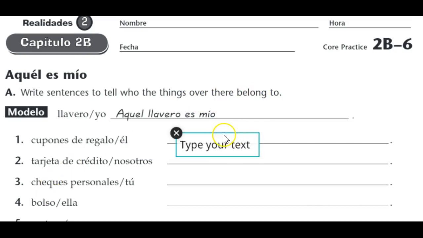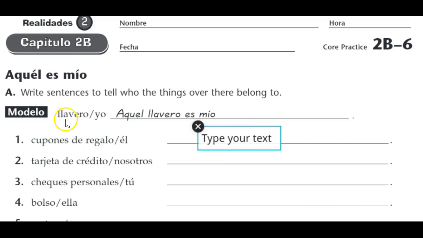And going with the model, with the example, with llavero, keychain, right? Llave is key, llavero is keychain. Yo, it belongs to me, so I'm going to say that keychain is mine. That keychain over there is mine. Aquel llavero es mío.